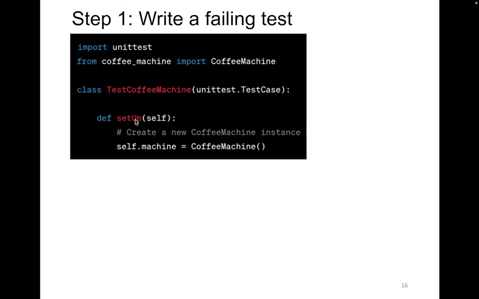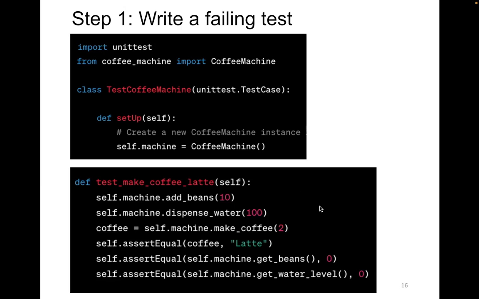We will want to do some setup, so we initialize the coffee machine. And then, for example, one thing that we can check is whether the machine can make latte for us. And here is the beauty of tests: you think about the specification and what will be the inputs.